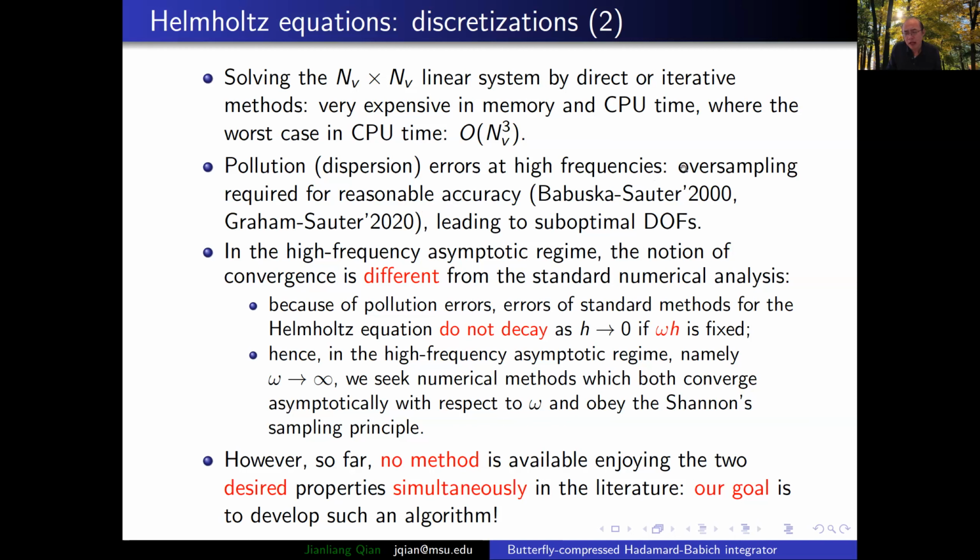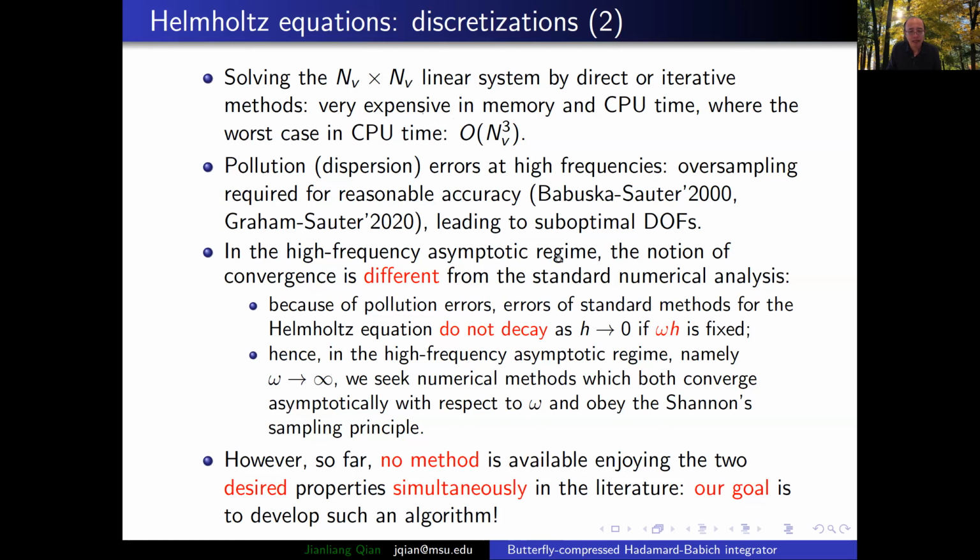That means the sampling principle will be violated if we want reasonable accuracy using direct methods like finite element or finite difference methods. So we will have a suboptimal, large number of degrees of freedom.